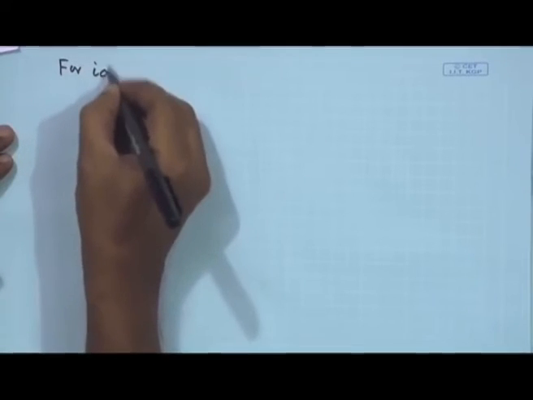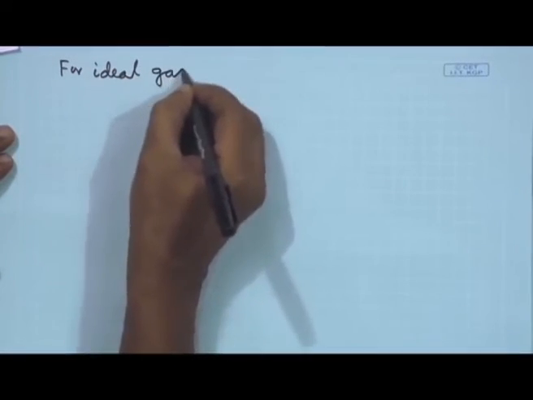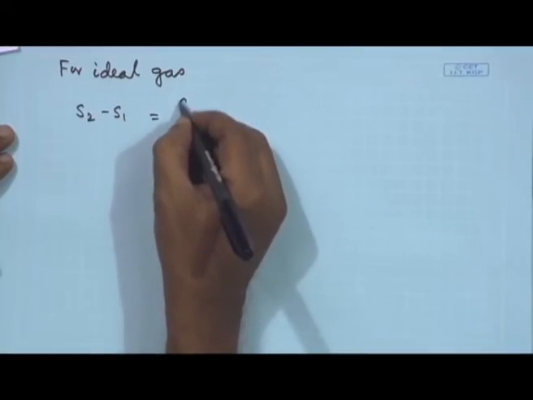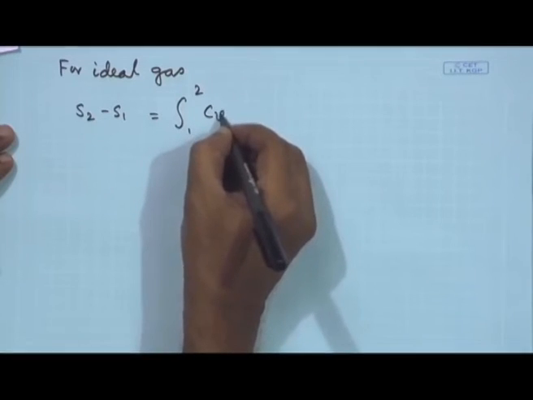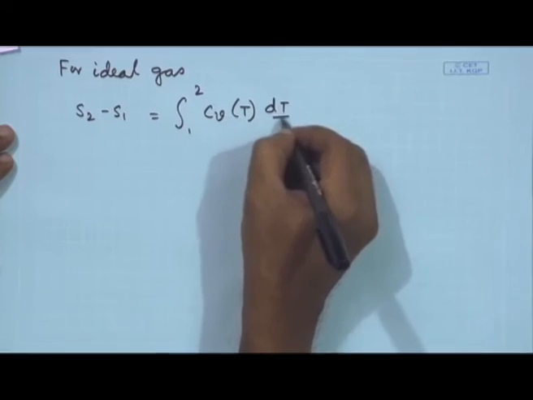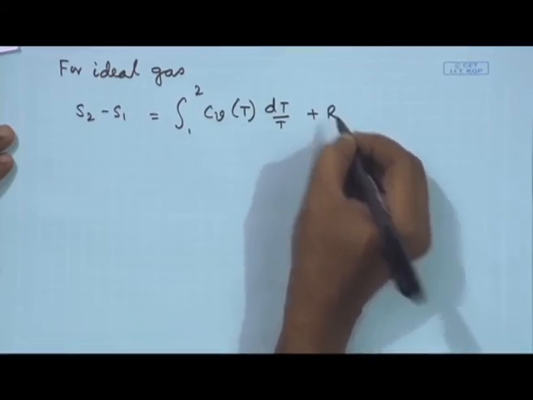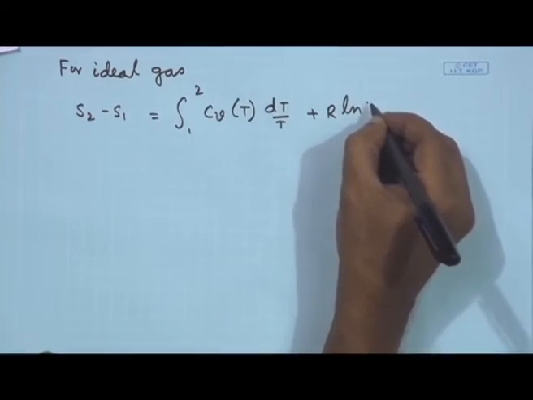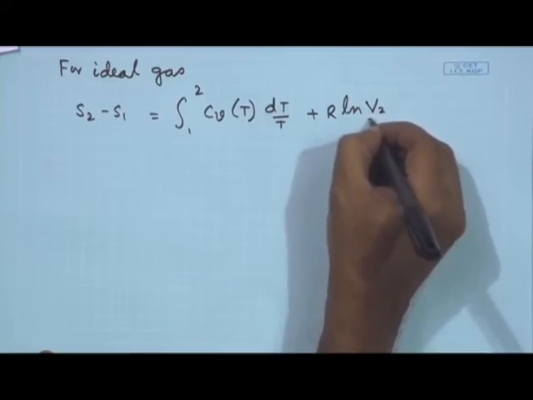Similarly, for ideal gas, s2 minus s1 is equal to the integral from 1 to 2 of Cv, which is a function of T, dT by T, plus R, that is your gas constant, ln v2 by v1.